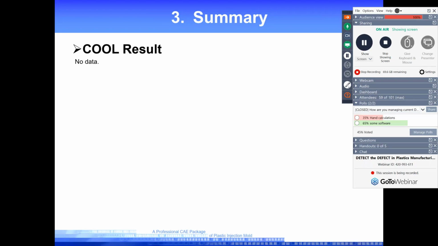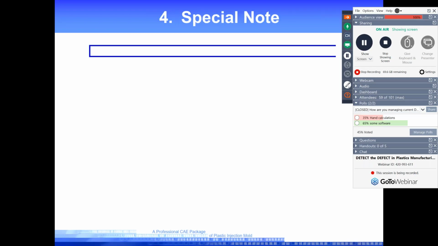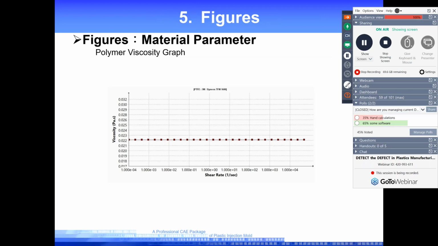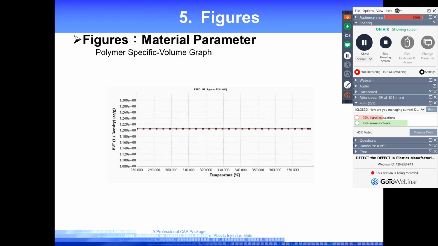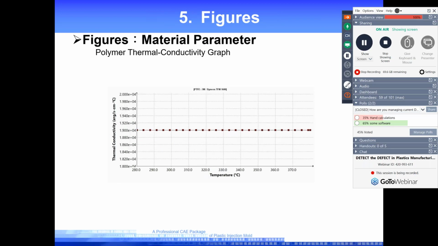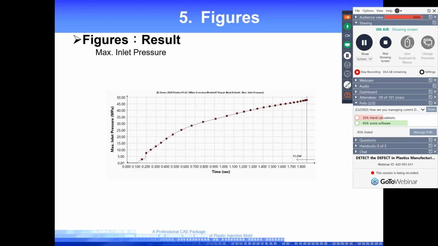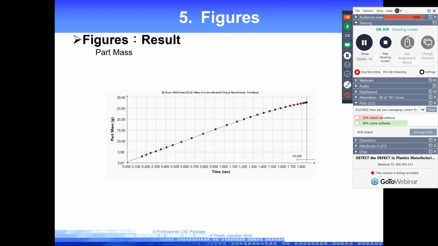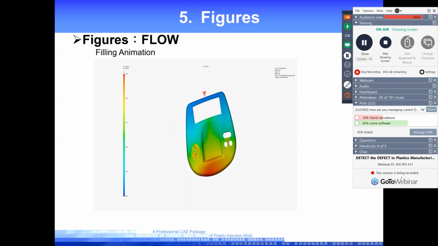We did not do this analysis on this. If there are any special notes, and the figures for polymer viscosity graph, volume graph, heat graph, everything, and results, and filling animation as well.